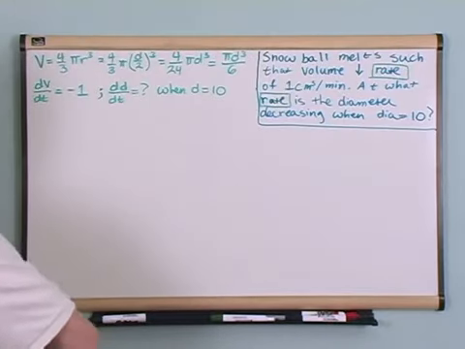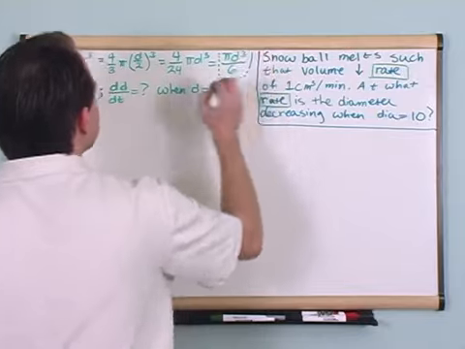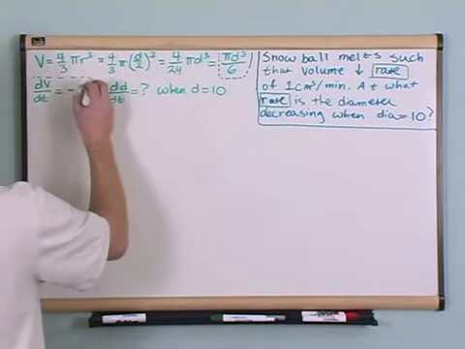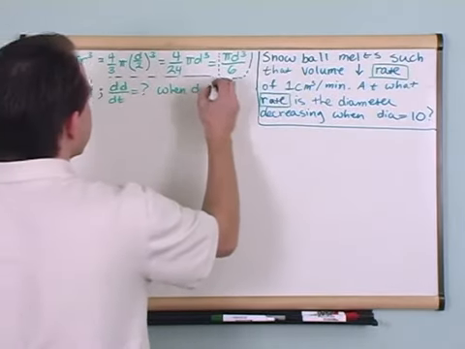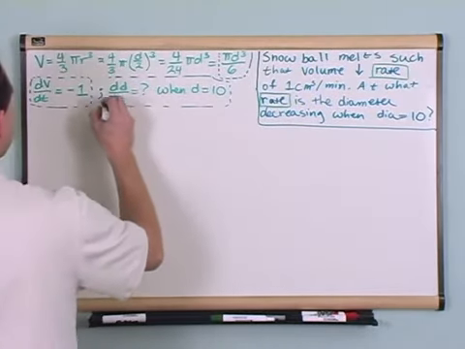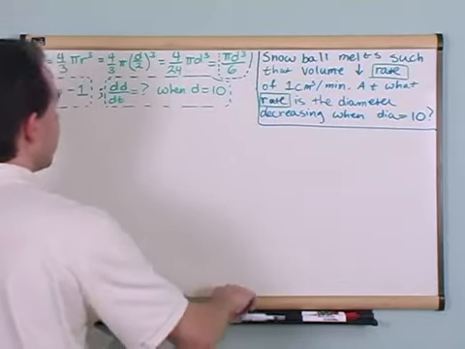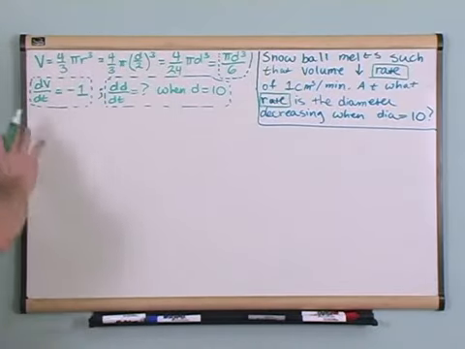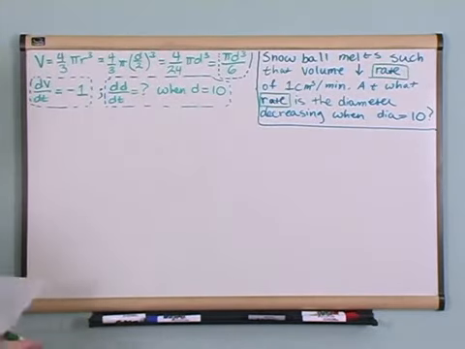So I'm going to circle the relevant pieces of information here. Here's the volume of a sphere. Here is the rate of change of the volume. And here is what we're trying to find. This is what I recommend you write for every problem that you solve. Write down what you know, write down any derivatives that you have, and write down the derivative of what they're asking you to find. Okay?